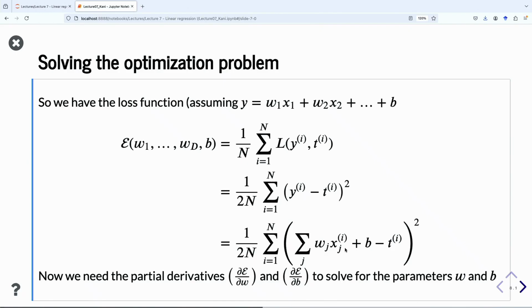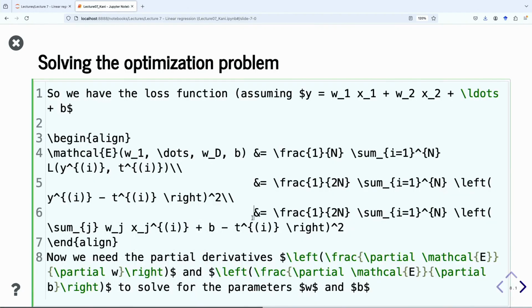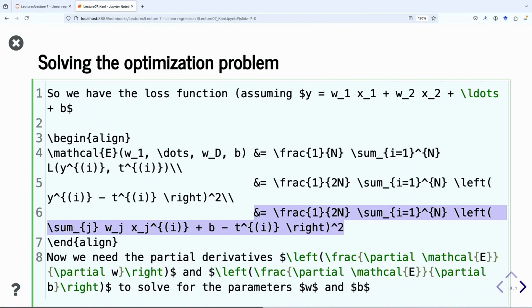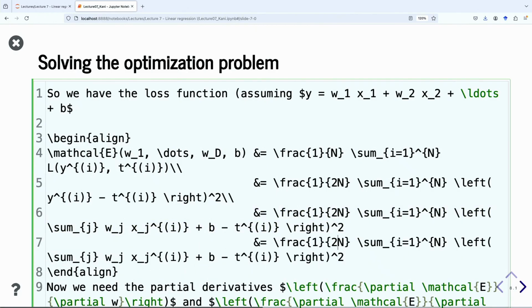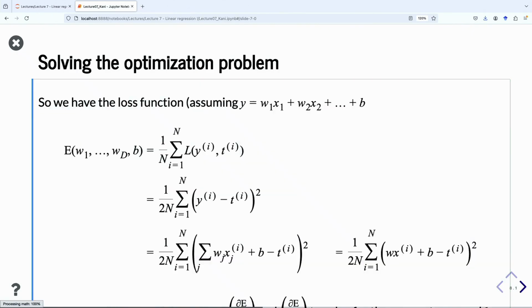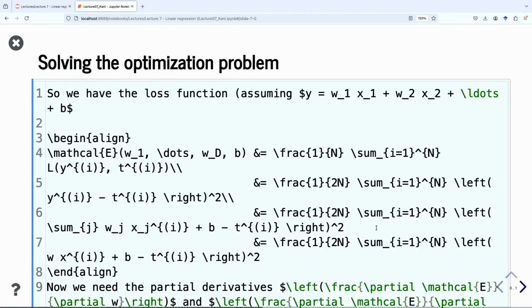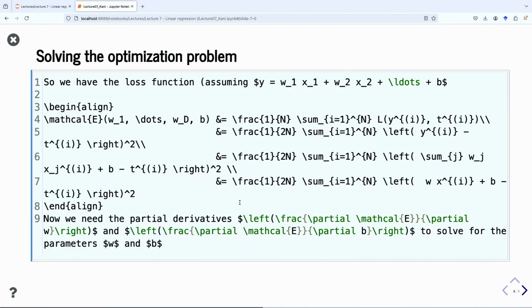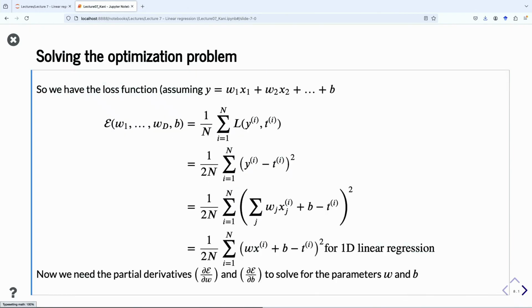If we want to actually do that, we just say the sum is equal to w times xi, plus b, for linear regression.